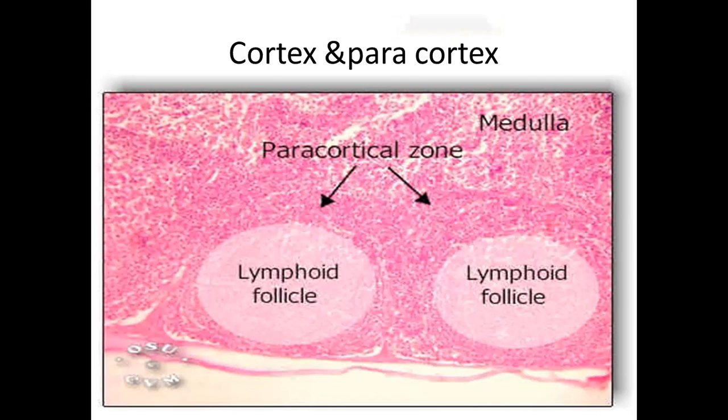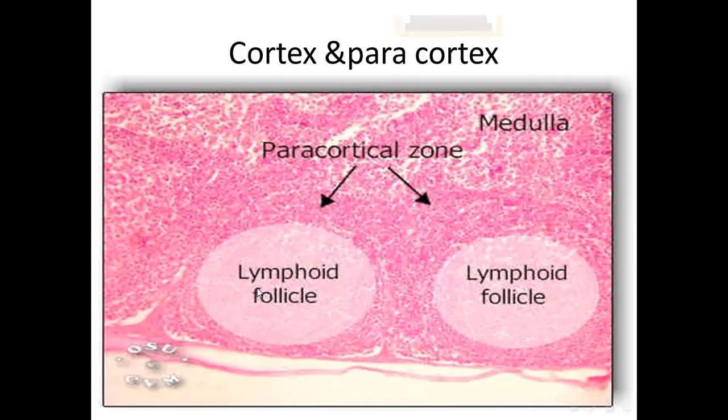We have also previously mentioned that we have two types of lymphoid nodules, primary and secondary. When the center of the lymphoid nodule is stained paler, like this, we name it a germinal center.